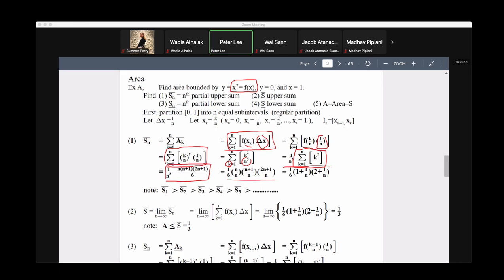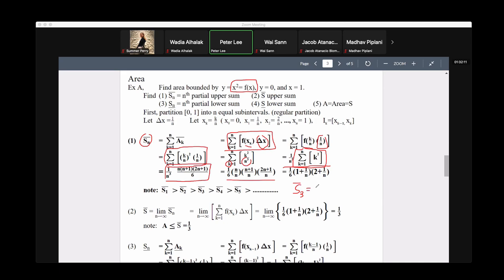Any questions here? So what does this exactly mean? In order for us to understand what's going on here, what would be the third partial upper sum? What is the third partial upper sum? It is U_3.